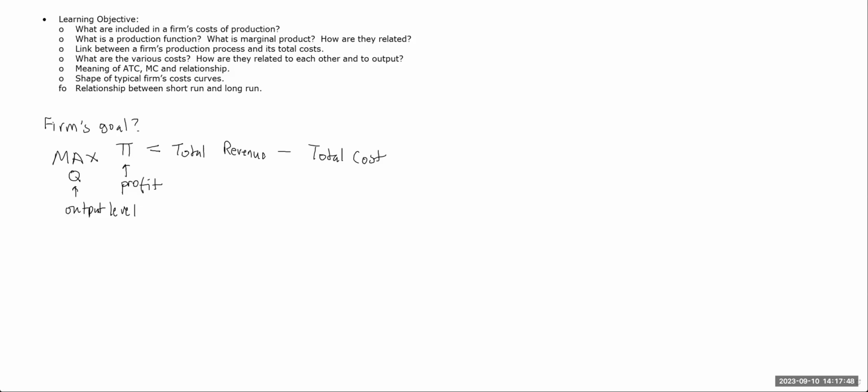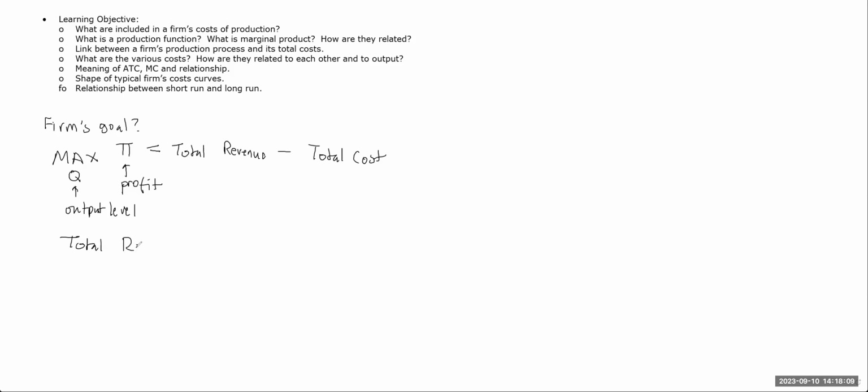That's pretty much our firm's goal. In chapter 15 and other chapters, we might talk about how they can manipulate prices. But for now, we're sticking to the fact that they can only manipulate quantities. Given this, what are total revenue and total cost equal to?